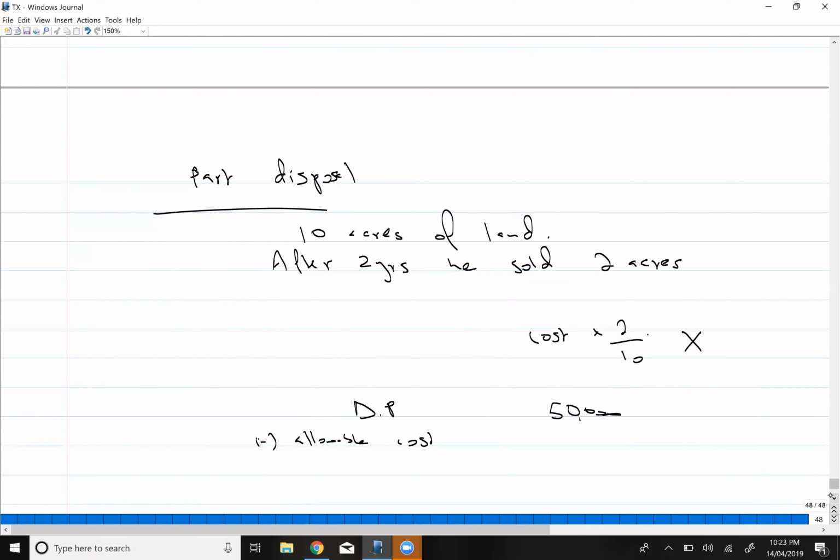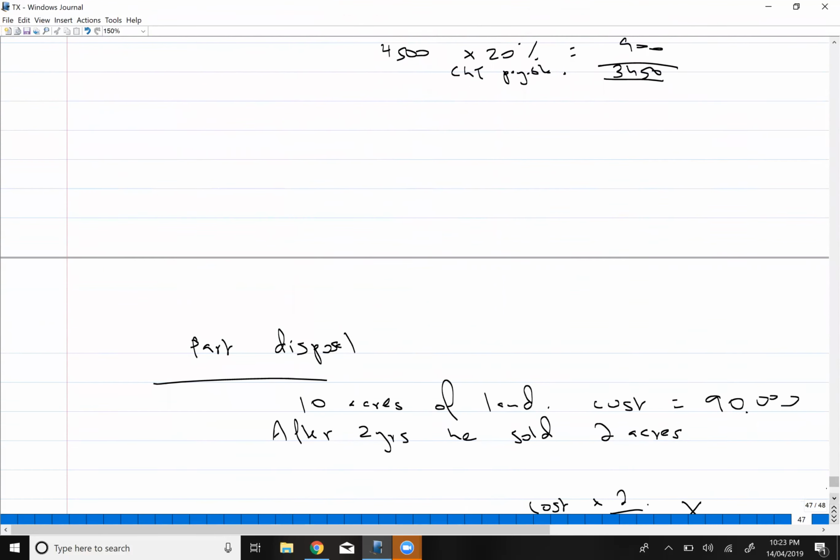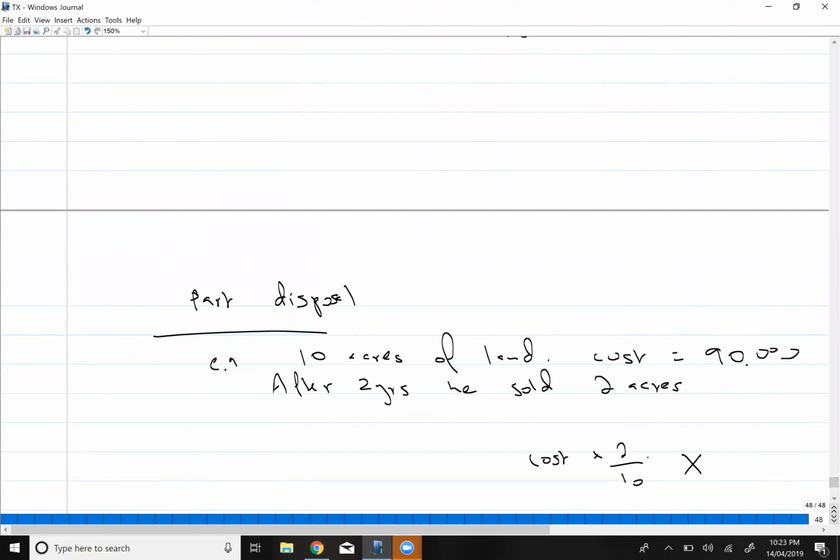Now let's say originally this 10 acres of land was purchased for, assuming the cost was 90,000. Let's make a question over here. So let's say 10 acres of land was purchased for 90,000.